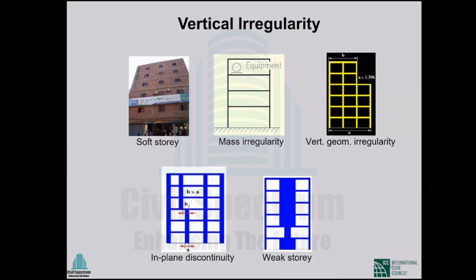Second irregularity is mass irregularity. If a certain story is quite heavy compared to other stories, for example, if a story has heavy equipment, or if a story is used as a library, many books are stored there, or in garment factory buildings, it is very common that in one story they store fabrics.